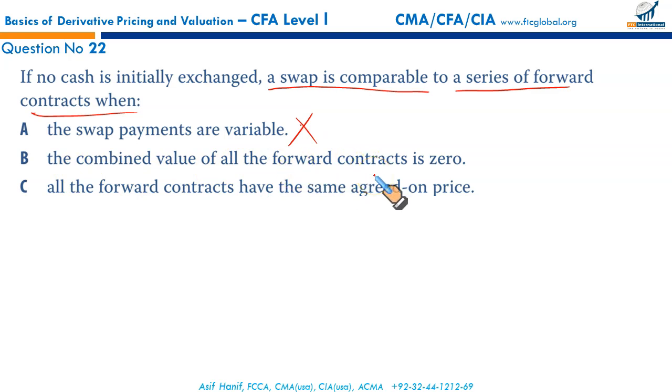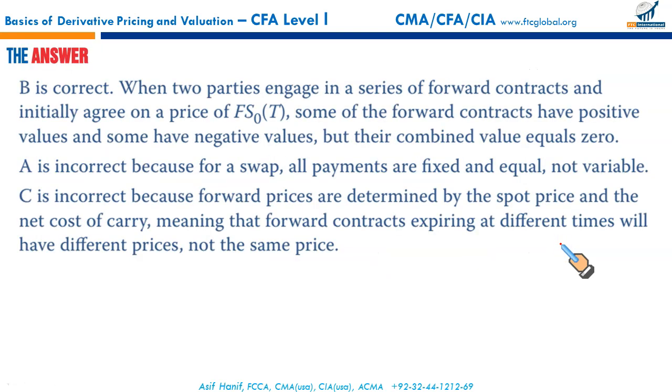Now this is true. Some of the forward contracts have positive values, some will have negative values, but their combined value will be equal to 0. Why not C? C is incorrect because the forward contracts expiring at different times will have different prices, not the same prices. That makes B the correct option.